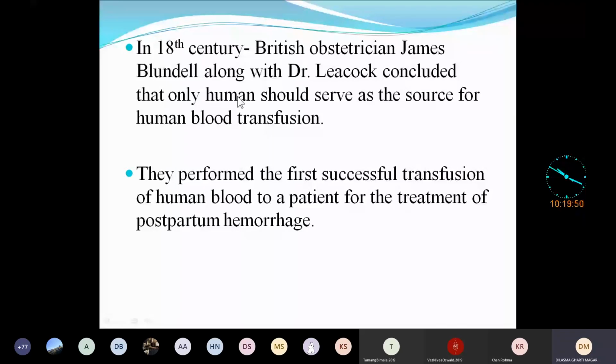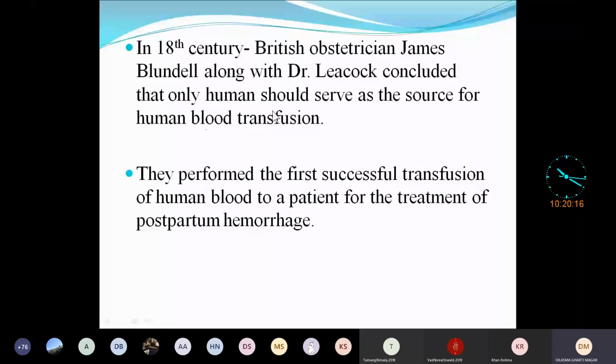So they concluded that human blood should be transfused to a human person. So blood from a human can only be transfused to another human.